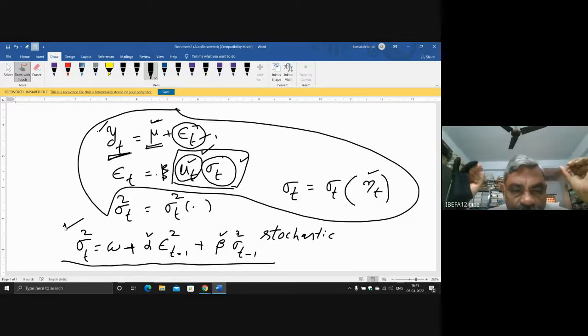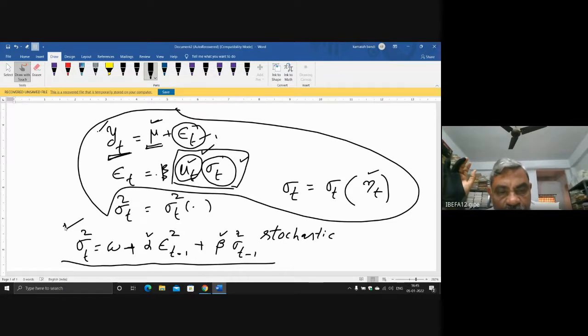One is the previous shocks, represented by the squared previous shocks, because the volatility here is the variance. This is one source: how previous shocks feed on to the current volatility.